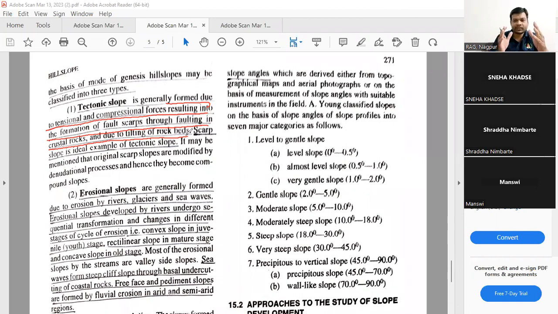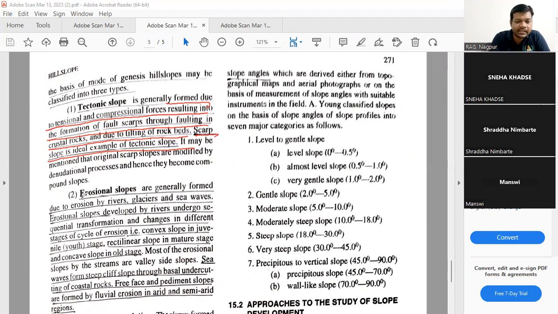Scarp slope is the ideal example of tectonic slope. The fault plane has a fault scarp, and that extension is called the fault scarp. That slope is nothing but the tectonic slope.